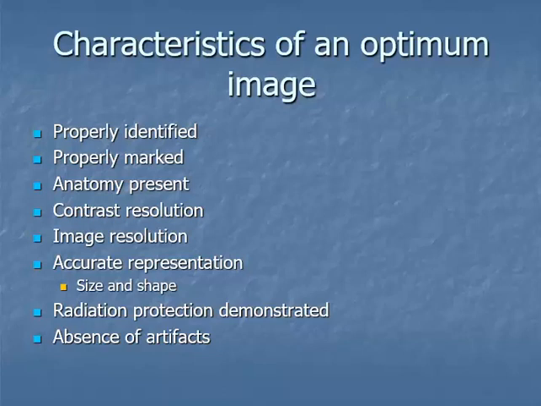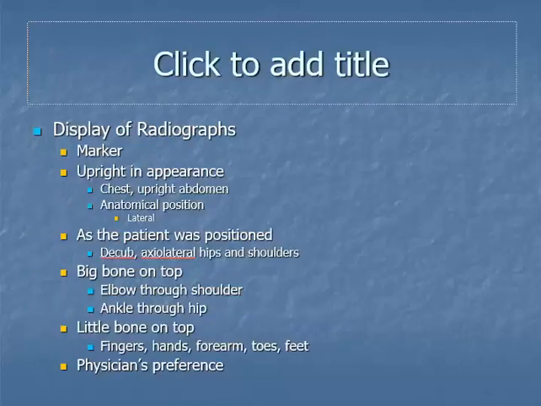Did you demonstrate radiation protection? Can we point to the image and say, okay, well, we've got collimation there, we've got use of shielding, and absence of artifacts where possible.